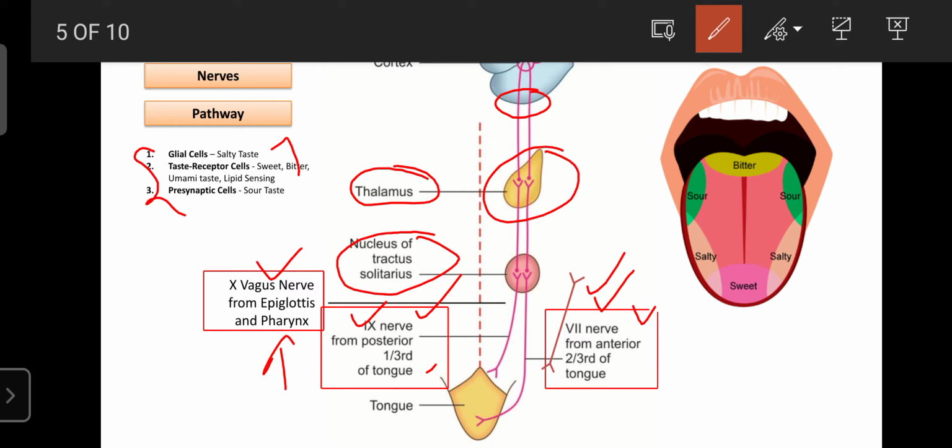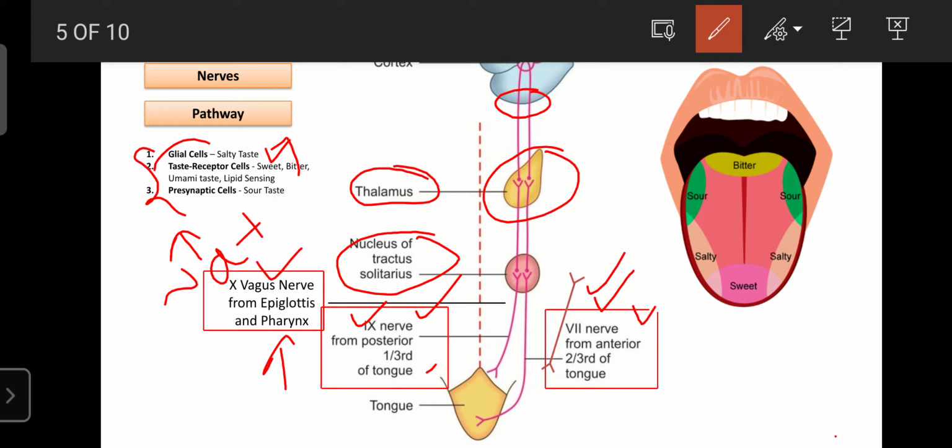So inside the cells, when you take the food, with respect to those tastes, they can cause certain stimuli. Okay, so in the cells, due to that stimuli, the sodium channels open.